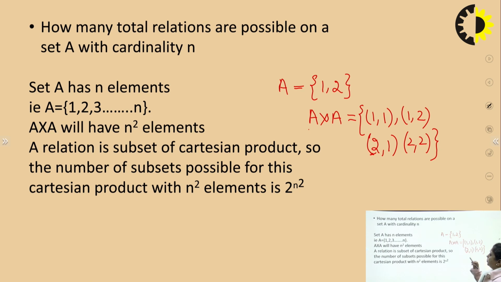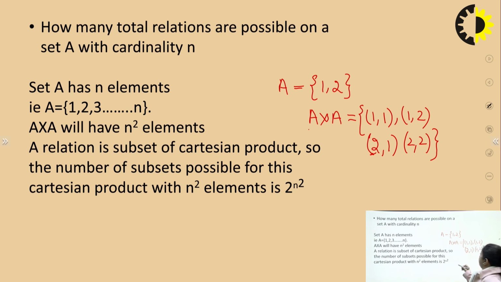So that means when I have 2 elements in my set, I get 4 elements in my A cross A.